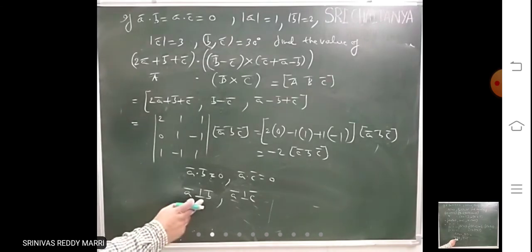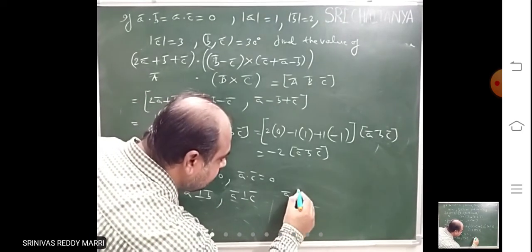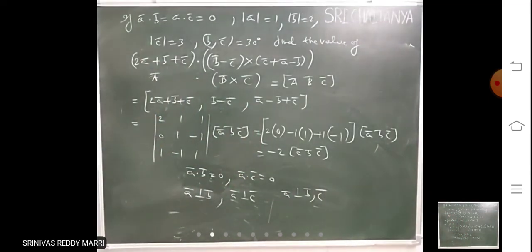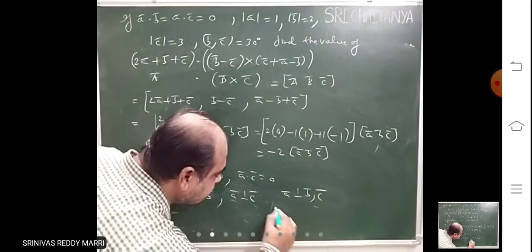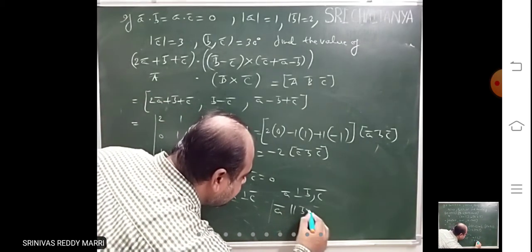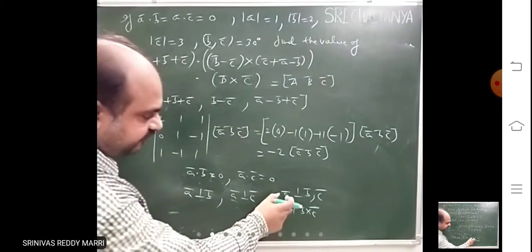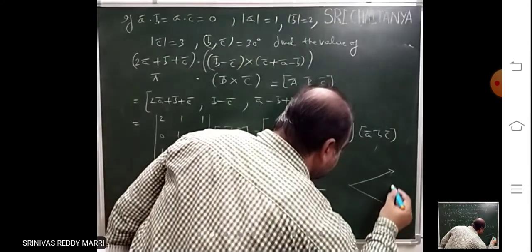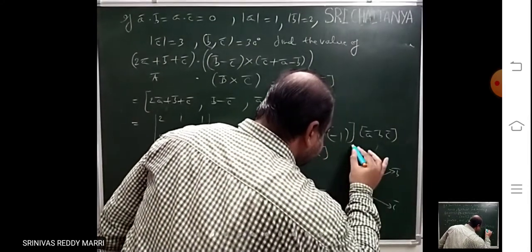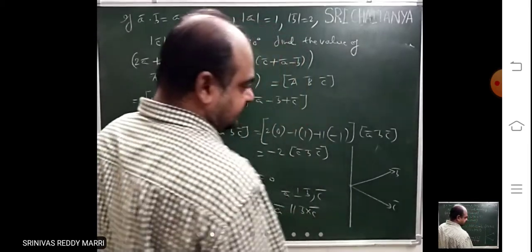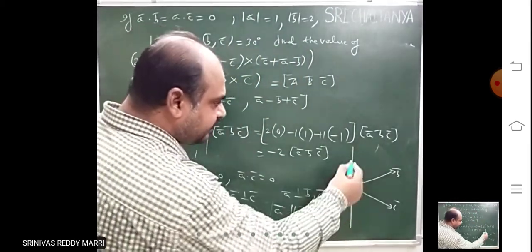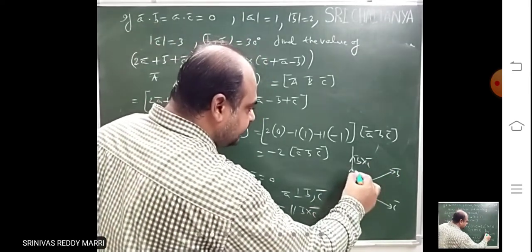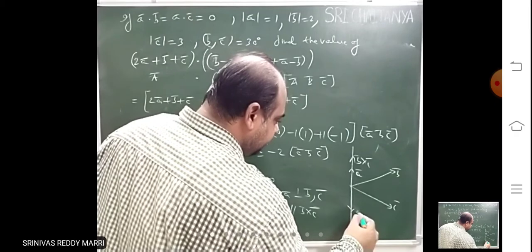A bar is perpendicular to both vectors, which means A bar is parallel to B cross C. If a vector is perpendicular to both, it will be in the normal direction. B cross C will be along the normal, and A bar will be in either of the two directions along it.